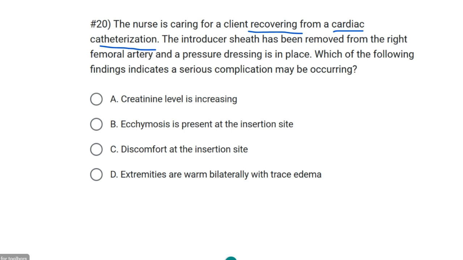Typically for a cardiac catheterization, you'll look at the insertion site, the dressing, and monitor for bleeding and hematoma development. Do they have a good pulse in that right leg? Is the extremity cool or pale? Things like that can indicate that the patient is either clotting or bleeding. Either one can happen.